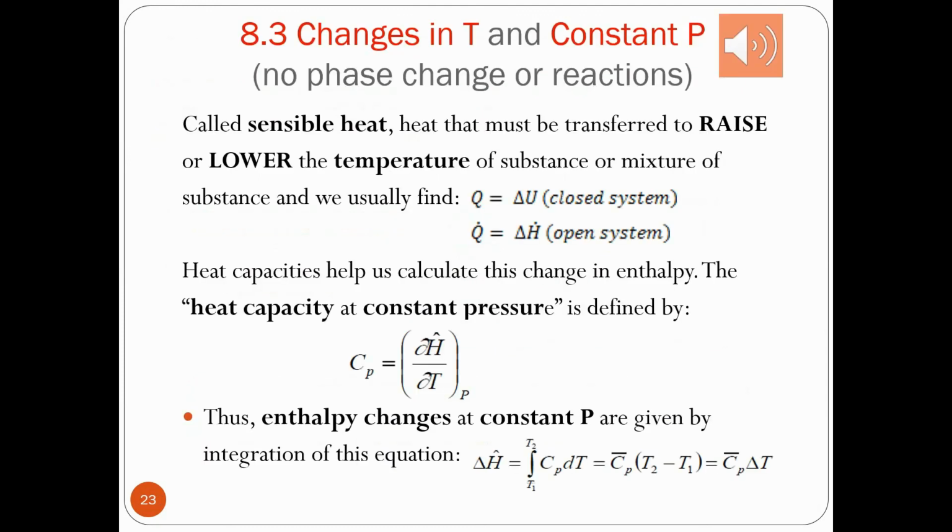The next criterion where we need to calculate our change of enthalpy in terms of a hypothetical path is where there are changes in temperature at a constant pressure. Sensible heat is the term used to define the heat that is actually transferred to the system to raise or lower the temperature of a substance or mixture.